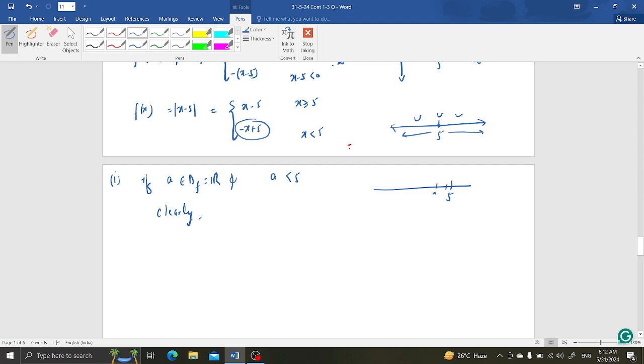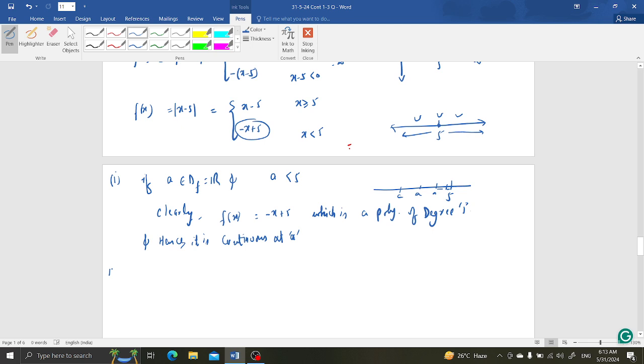Clearly, f(x) equals minus x plus 5, which is a polynomial of degree 1, and hence it is continuous at a. Understand?